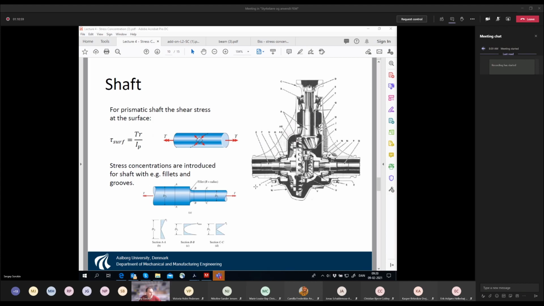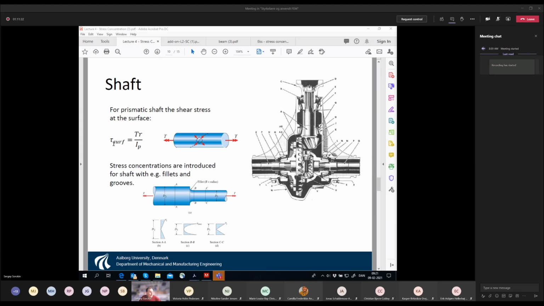So what happens is that we have the shaft which is exposed to the torque, and then we know that the shear stresses are defined by this formula. So this is the torque, this is the distance from the axis to the point where you want to measure the stress, and this is the polar moment of inertia.